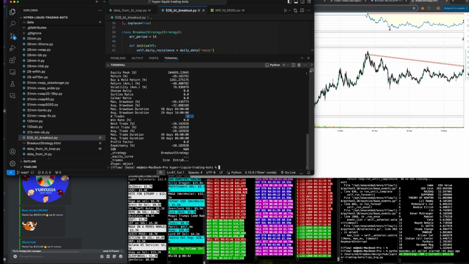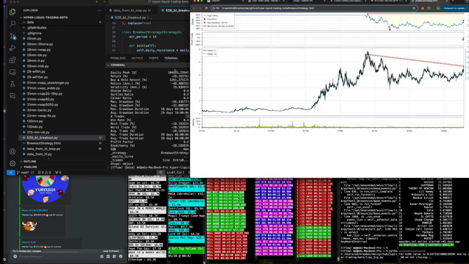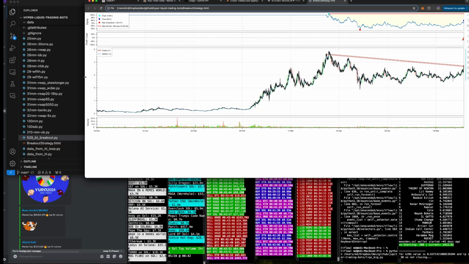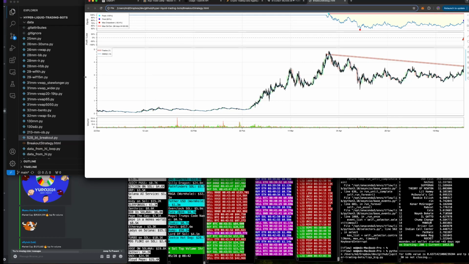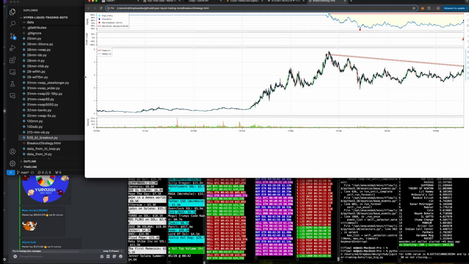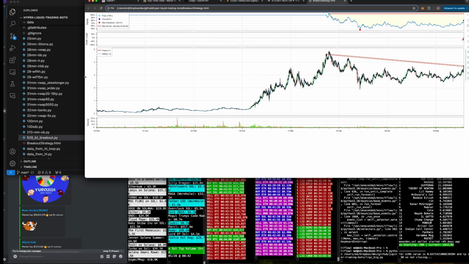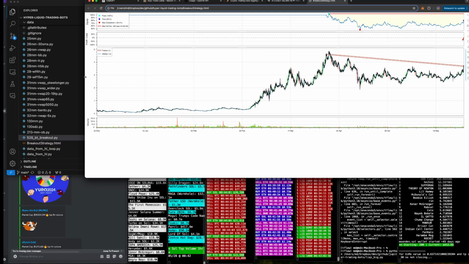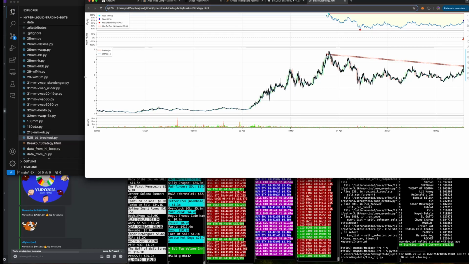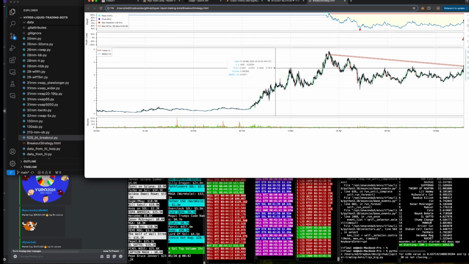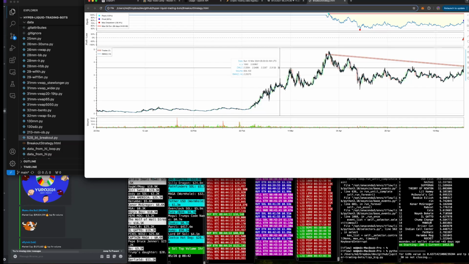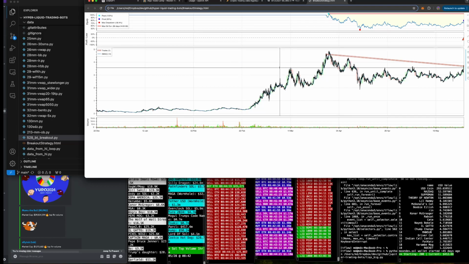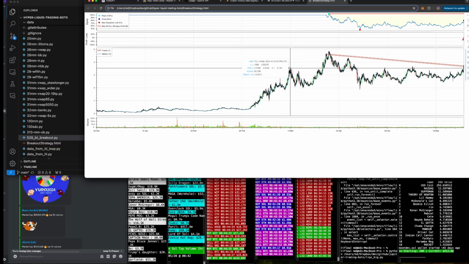Because it entered, where did it enter at? Dang. I feel like it should have entered around here. Because this is the daily. Not necessarily the daily, but could be the hourly. Yeah, it's the daily.